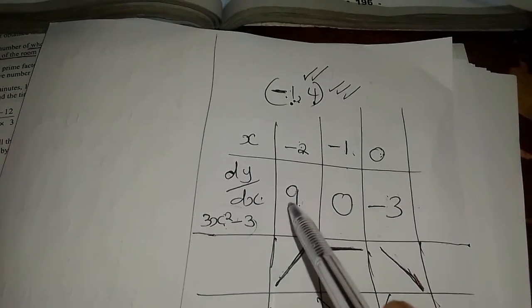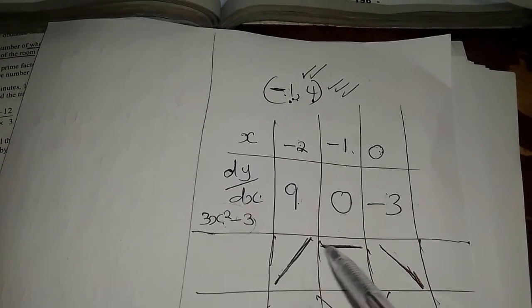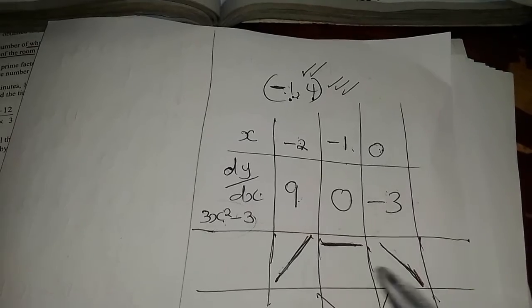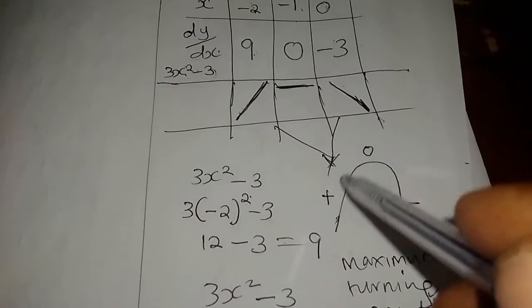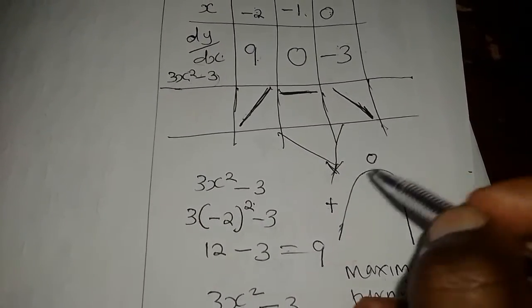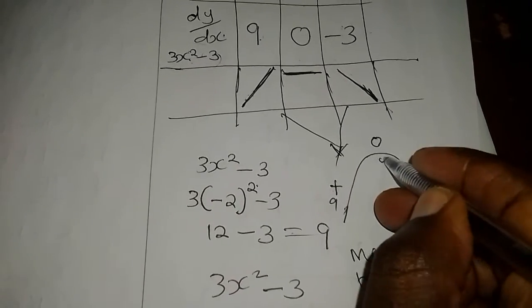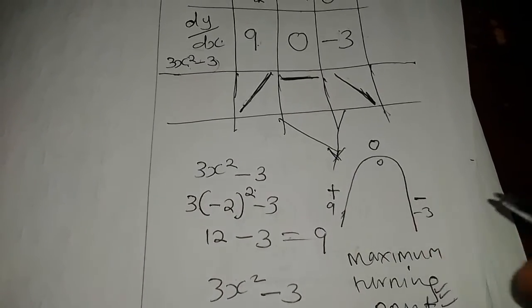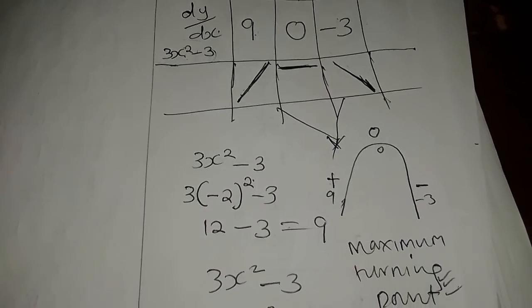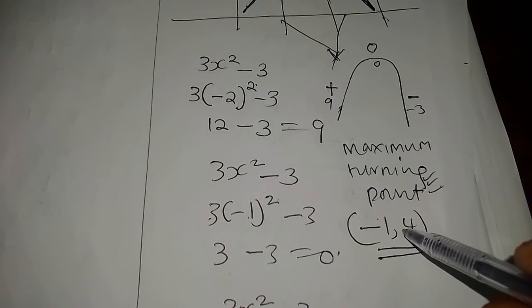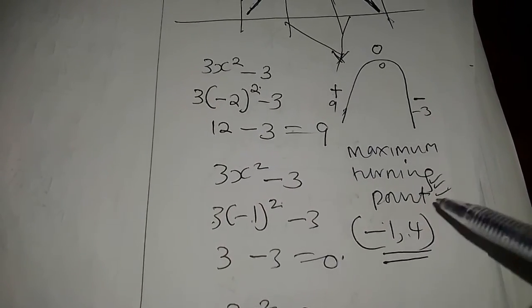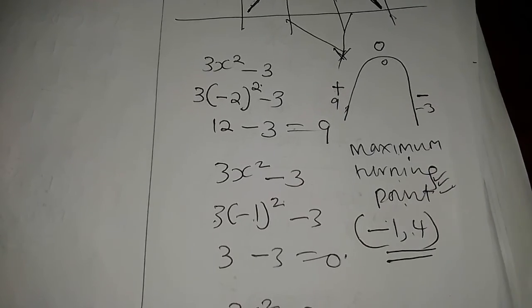Good. If it is positive, then 0, then negative, that becomes the maximum. Positive, that is 9, then 0, then negative 3. So you see, maximum. So (-1, 4), as far as its nature is concerned, becomes the maximum turning point of the curve. Good.